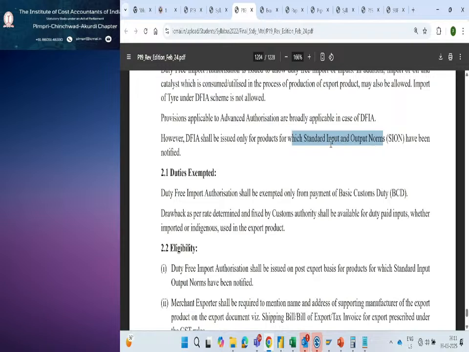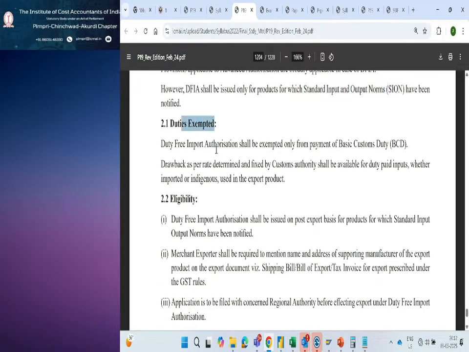If I say SION, standard input output norms, then please remember it is nothing but BOM, which is bill of material. Bill of material is what? If you are going to manufacture a pencil, what are the ingredients required? If you need wood, so half kg of wood is required to manufacture one pencil. Likewise, the ingredients are nothing but the standard input output norms.